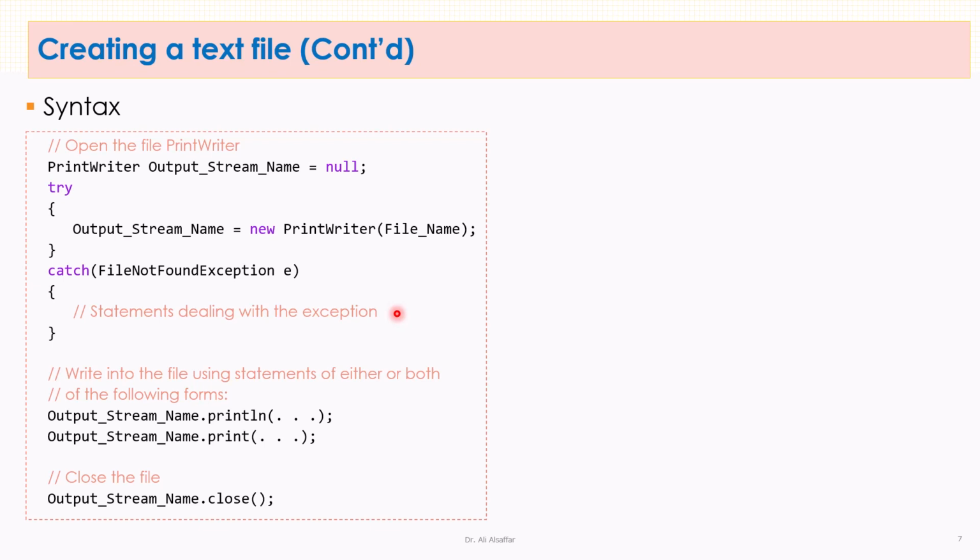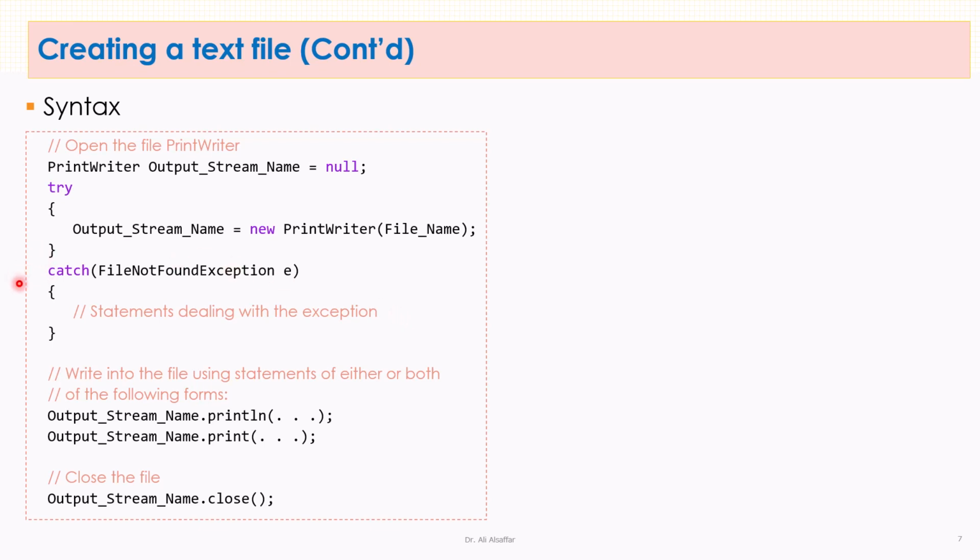Because if you do that, then it will be visible and usable only inside the try block. And when you exit the try block and try to write into the file using this variable, the compiler will complain and will raise a syntax error telling you that the variable name is not found. Therefore, you must declare the output stream variable name outside the try and catch block rather than inside.